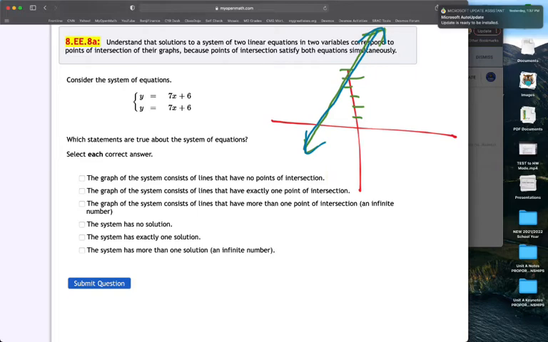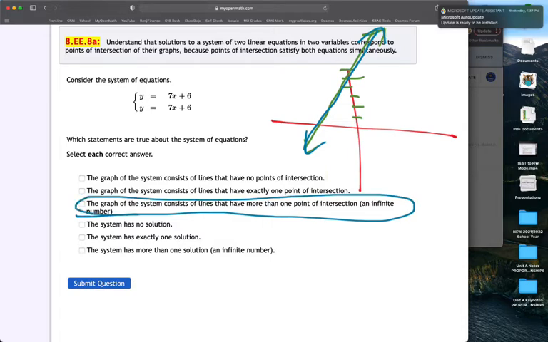So as far as what the graph looks like, we can see that it would be this situation right here. The graph of the system consists of lines that have more than one point of intersection. In fact, every point on those lines intersects each other, in other words, an infinite number of times.